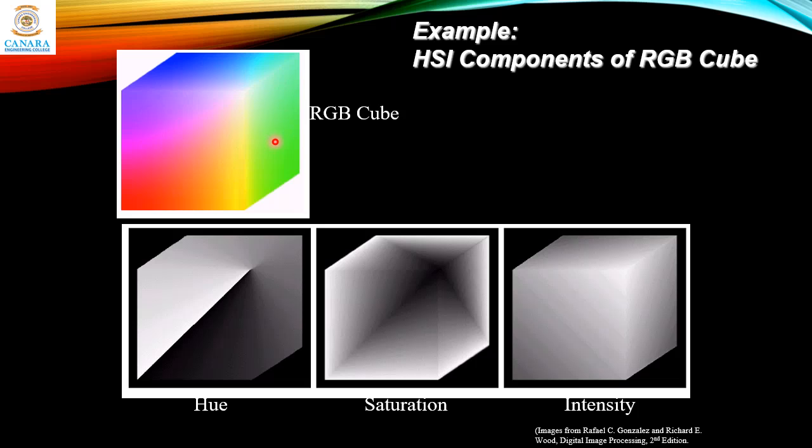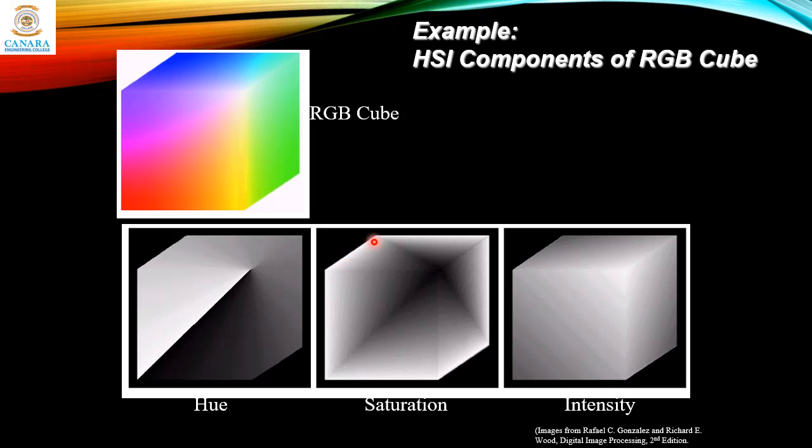So this is the RGB color cube, and here we'll see the HSI components of the RGB color cube. Here we have the hue component and the saturation. Note that this part is black here because it's white in the color cube. This point will be pure white, and there we won't see any kind of color. So in the saturation part, this is black because no color is present, and at the edges you can see it's full white.